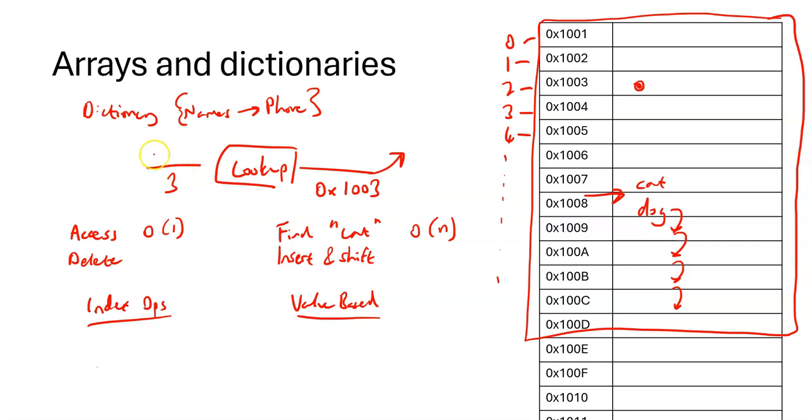So the name is going to go through what's called a hashing function, some magical function which converts it into a number. So instead of the lookup function, I guess this is a hashing function here. So we take the name Steve, hash that, that gives us a memory address, and that takes us to a particular memory address.